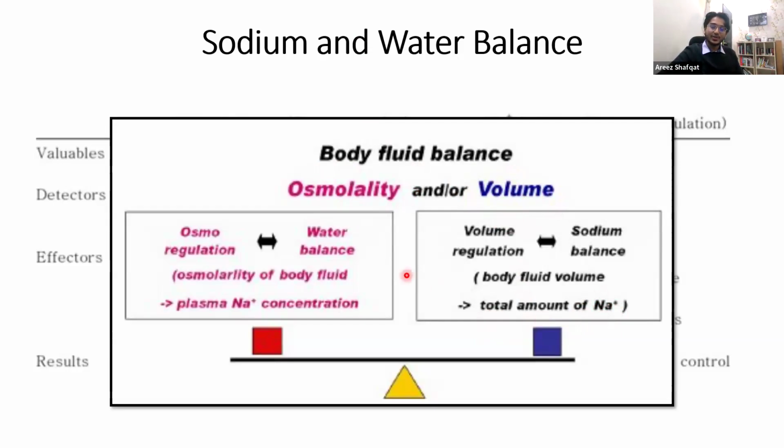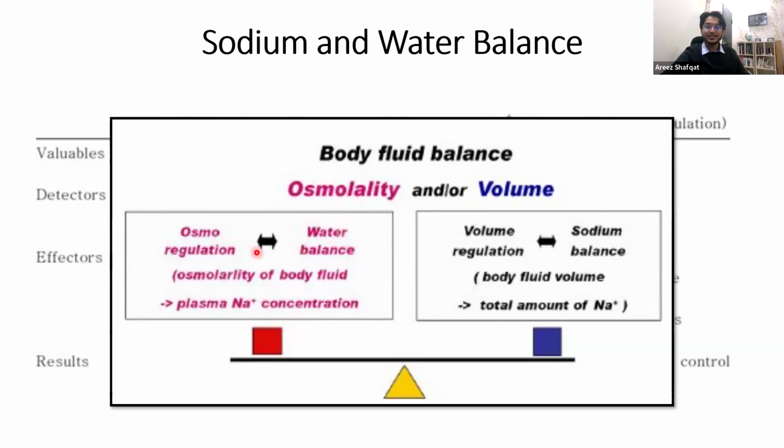On the other hand, you can have regulation of osmolality, which basically is dependent on sodium concentration, not the amount of sodium, the concentration of sodium. And if it's the concentration of sodium, it's always relative to water. Okay. So by regulating water reabsorption or excretion, you regulate plasma sodium concentration, and thereby you regulate osmolality.